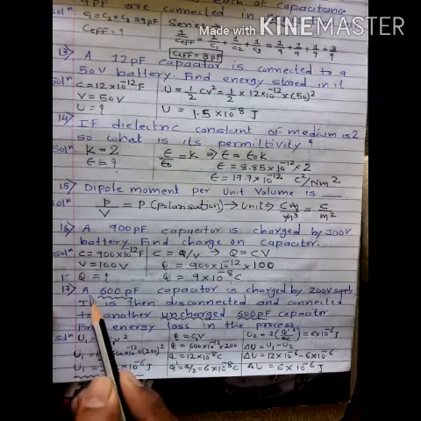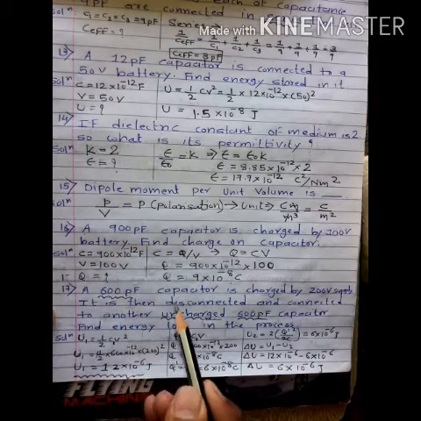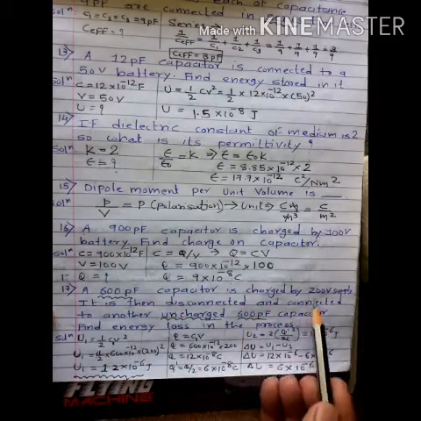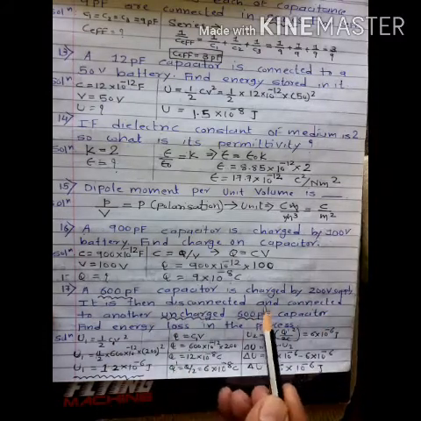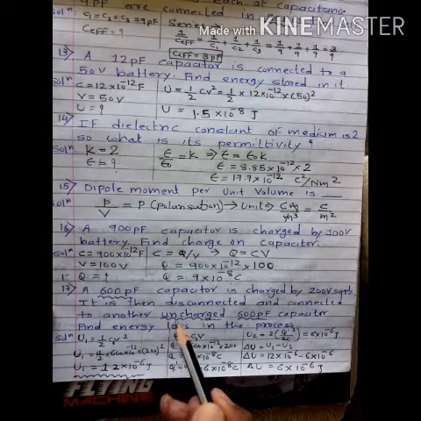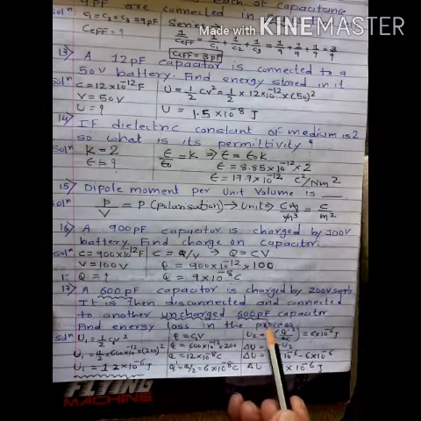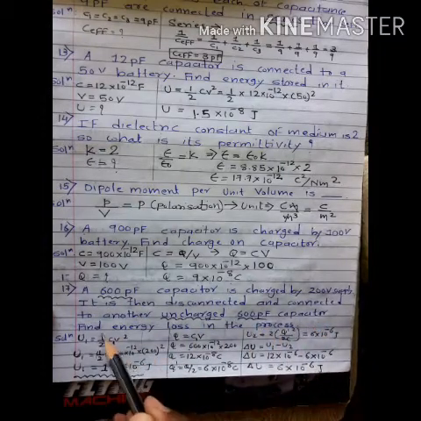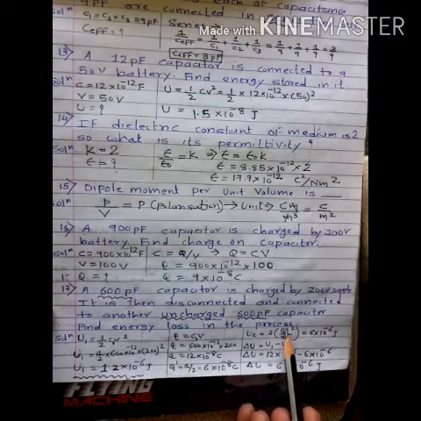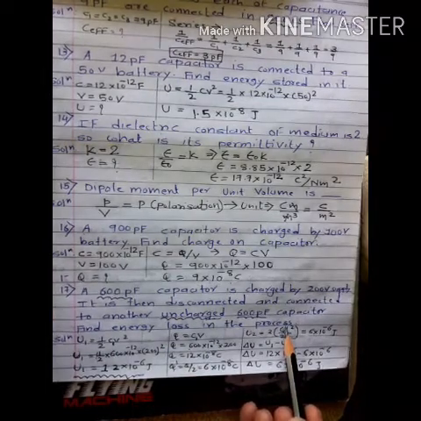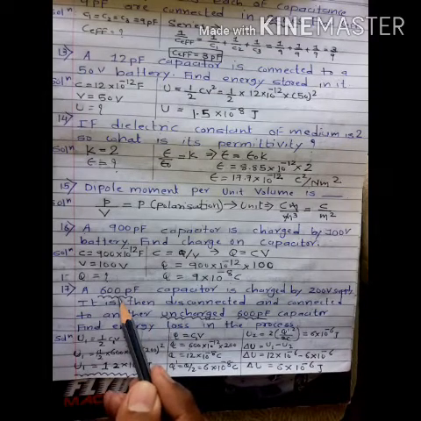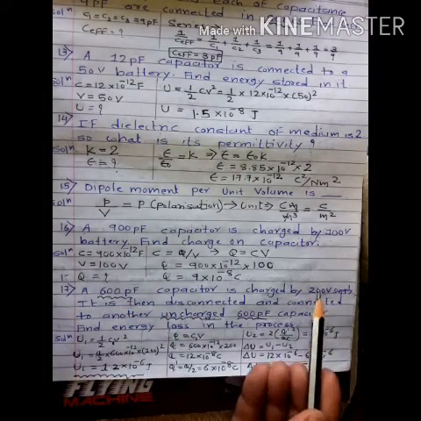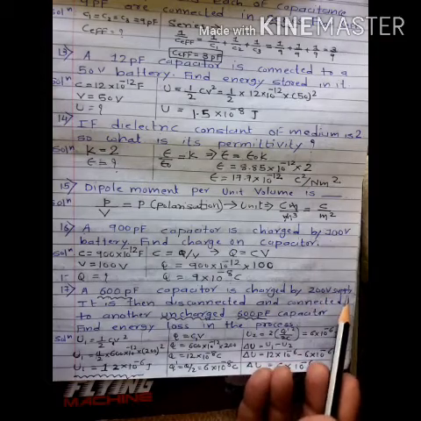MCQ number 17. A 600 picofarad capacitor is charged by a 200 volt supply. It is then disconnected and connected to another uncharged 600 picofarad capacitor. Find the energy loss in this process. Clear? So we have the first capacitor C1 equal to 600 picofarad connected to a 200 volt supply.